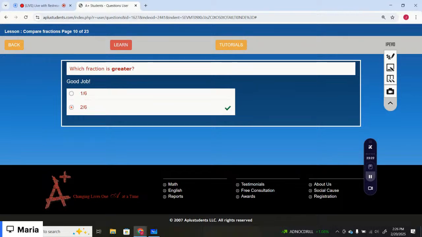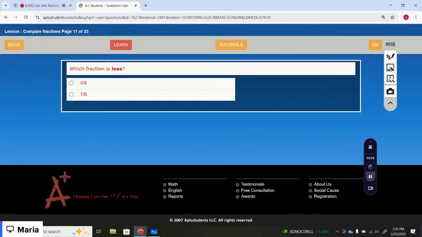Very good. Which fraction is less, 4 by 6, 1 by 6? 1 by 6 is less than 4 by 6.